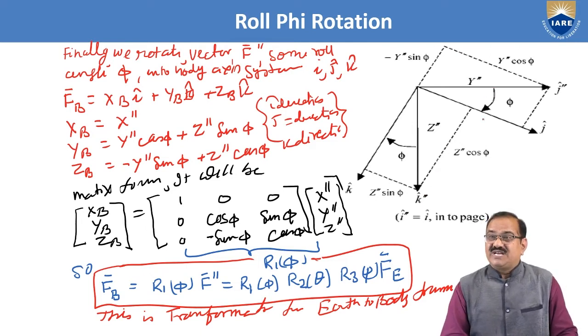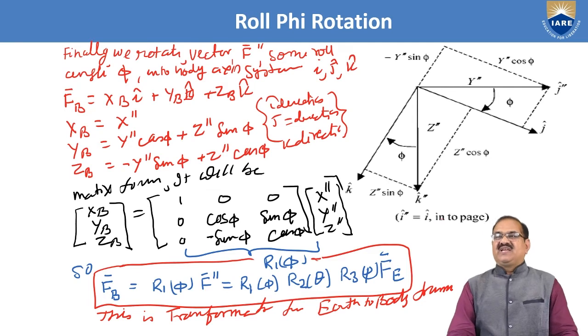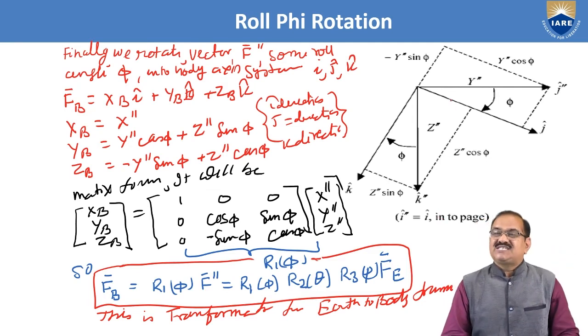The right wing is going down. Okay, you can see the right wing is going down by phi angle. You will reach j, then your k double prime will be k. Okay, so j double prime has reached j and k double prime has reached k, and i is 0 here because it is perpendicular to this given phase, the x rotation.